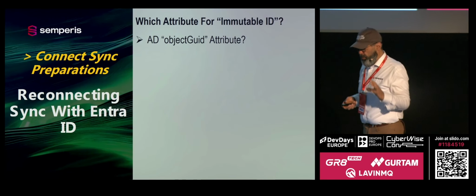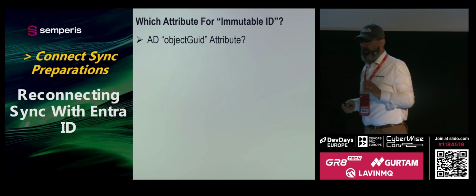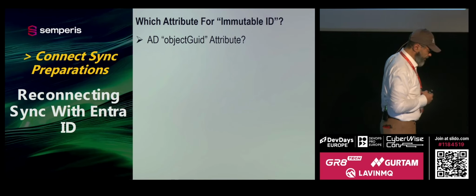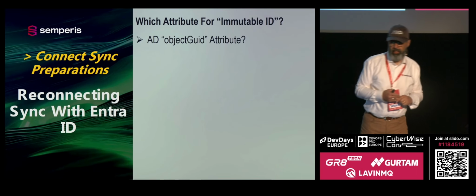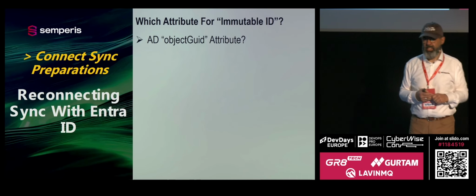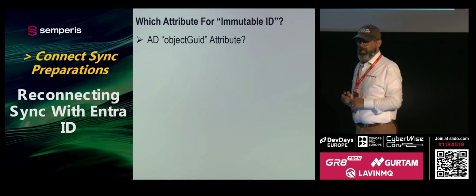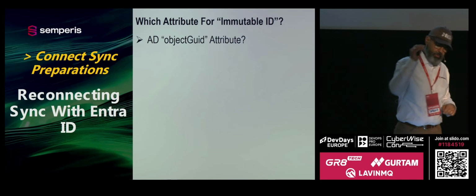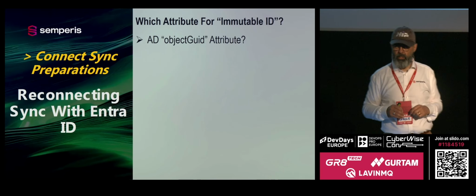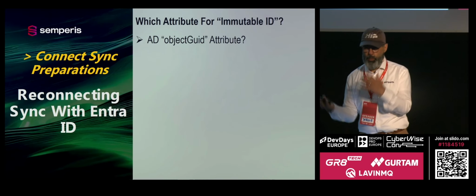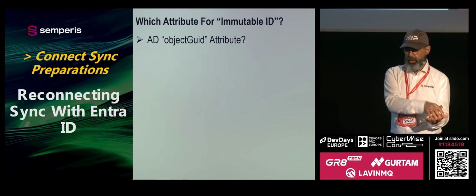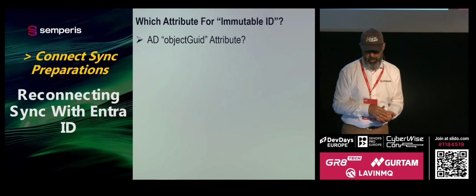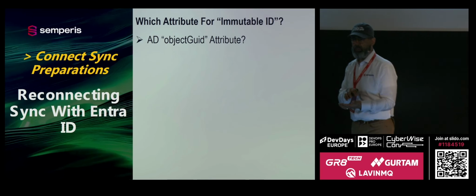Now, regarding the immutable ID, there's one thing that you need to remember. Many moons ago, when Microsoft released Connect Sync, they used the AD object GUID as the immutable ID value. And if you go back a few slides ago where I explained to you that you have to put the immutable ID onto the object that you have recreated, that's something that you must be able to do.